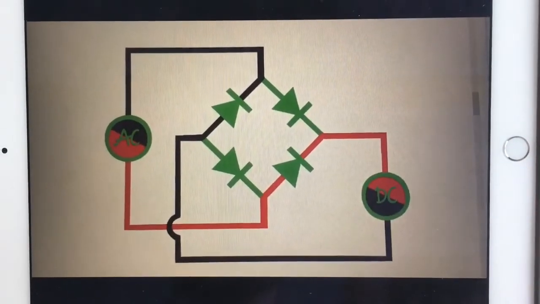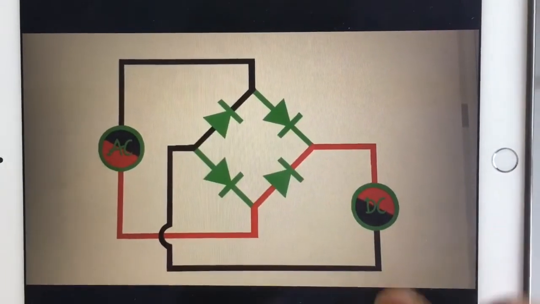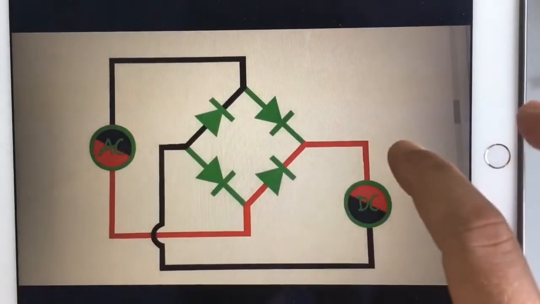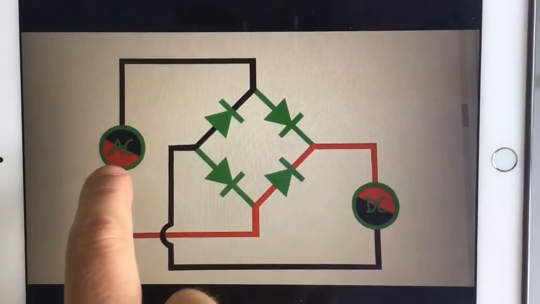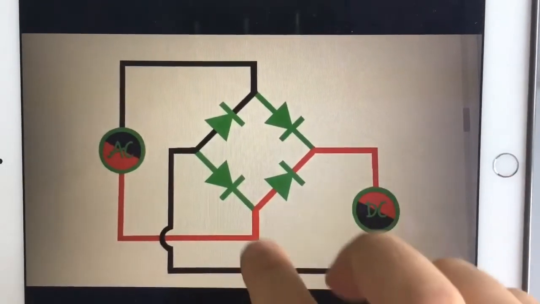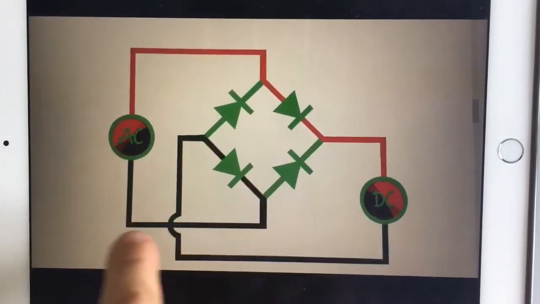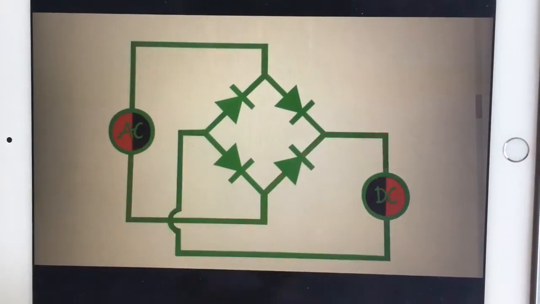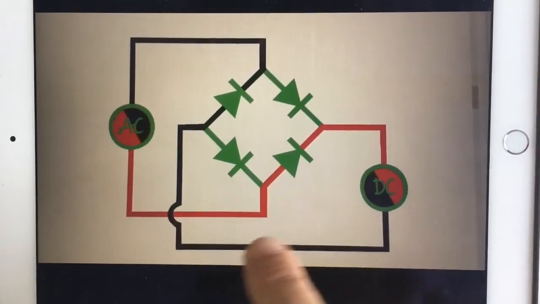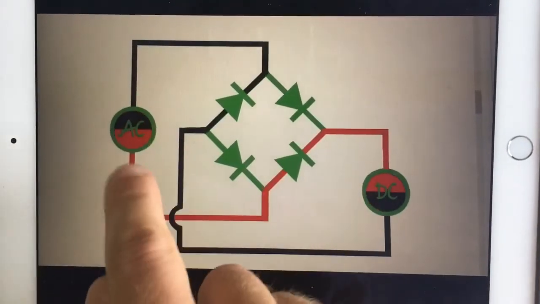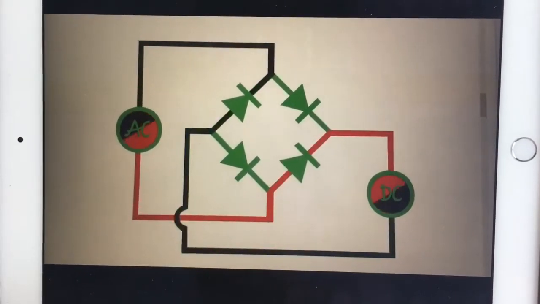Now this animation shows you a diode bridge circuit, and the red line is positive, and so you can see that the AC will alternate between positive and negative, and the way that that positive charge is distributed by those diodes depends on which side of the AC happens to be positive at that time.